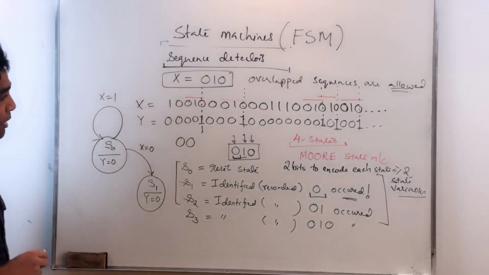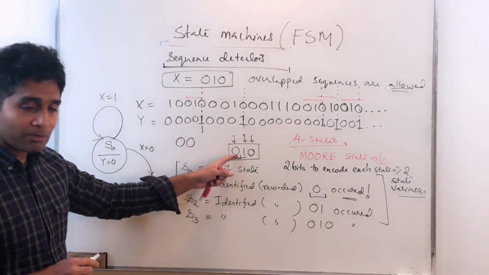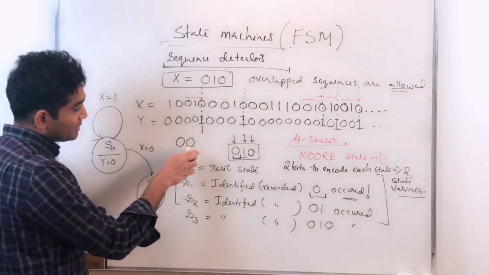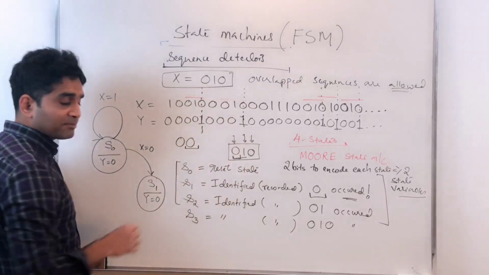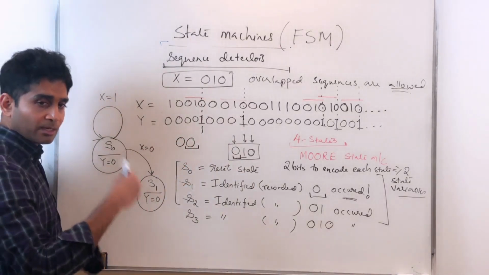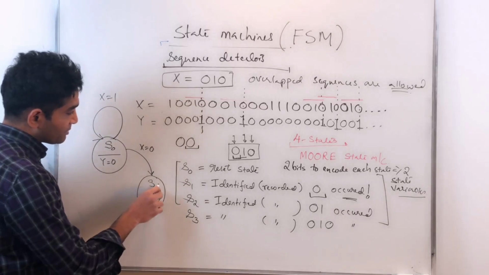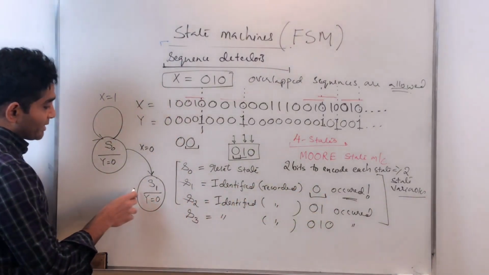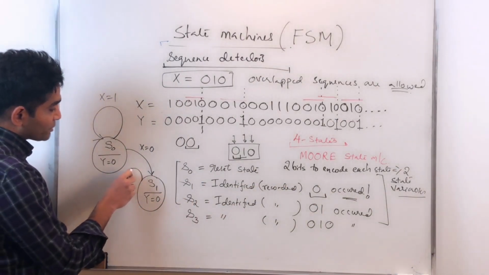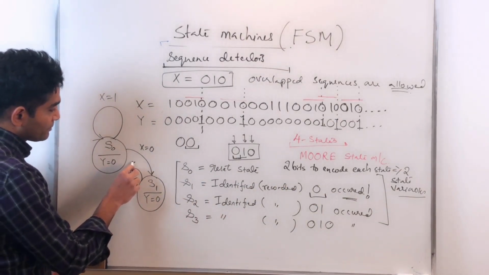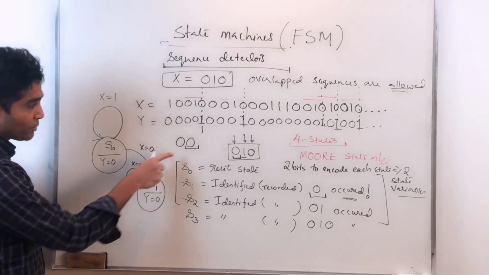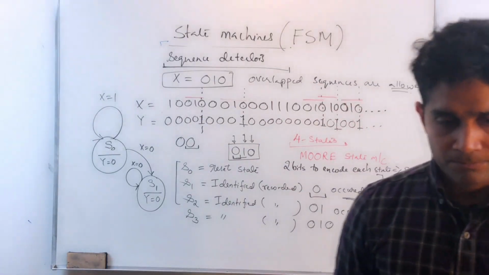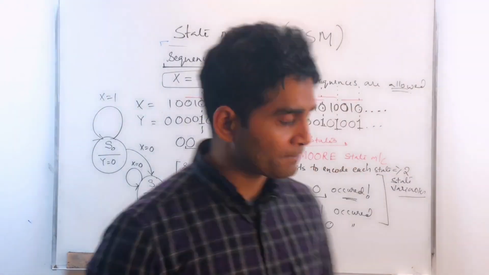Now 0 is the starting bit of the sequence, right? So instead of considering the earlier 0 as my starting bit, I would consider this new one as my starting bit, and start counting and recording again. So if I'm in the S1 state, which has recorded that a 0 has occurred, with x equal to 0, I remain in the same state and count this new 0 as my first recorded 0. So that takes me back to the same state.